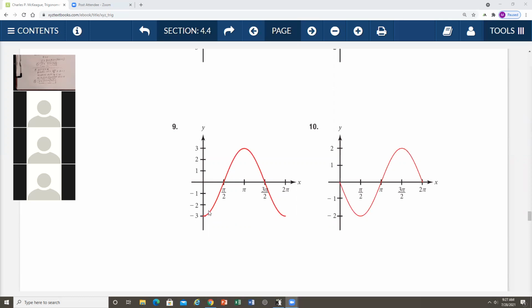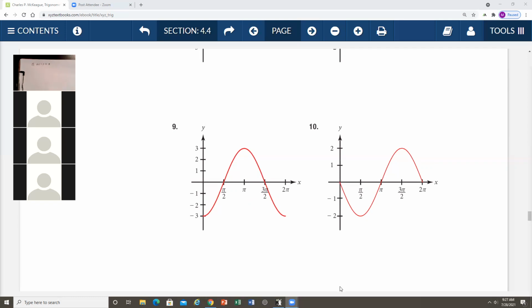Okay, what is the amplitude of this graph? 3. Okay, so the amplitude is 3. So for problem number 9, let's write that down. The amplitude is 3. But ladies and gentlemen, we notice that the graph appears to have been flipped. So this would imply then that A is equal to positive or -3.